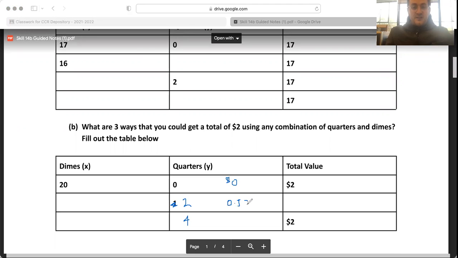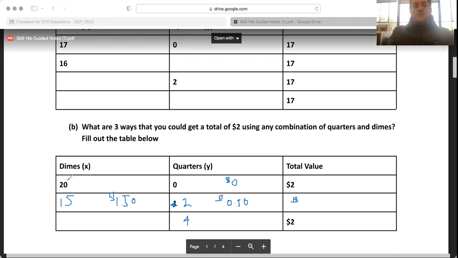Our goal is to get all the combinations of how we get to $2. If I'm at 50 cents for my quarters, that means I need $1.50 for my dimes in this scenario. That's the same thing as 15 dimes.